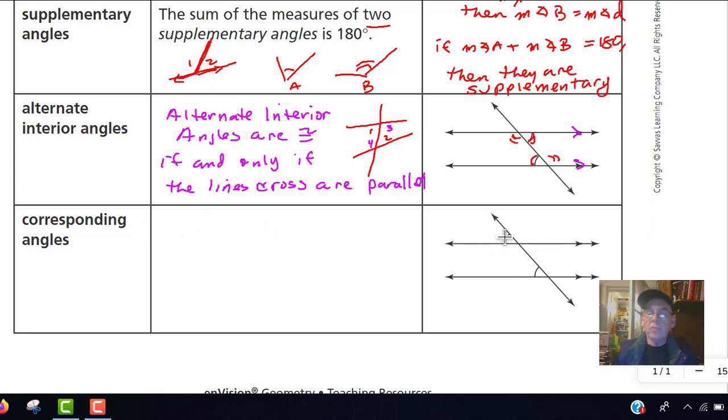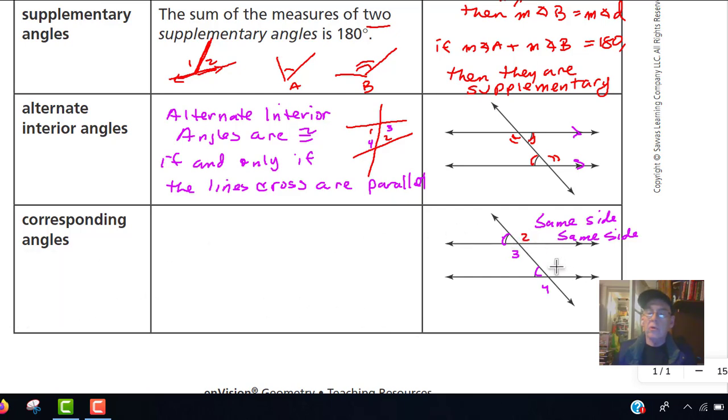Corresponding angles are, I call them, same side, same side. With parallel lines cut by a transversal, corresponding angles are congruent. So these two angles are corresponding angles. This angle 3 and this angle 4 would be a pair of corresponding angles.